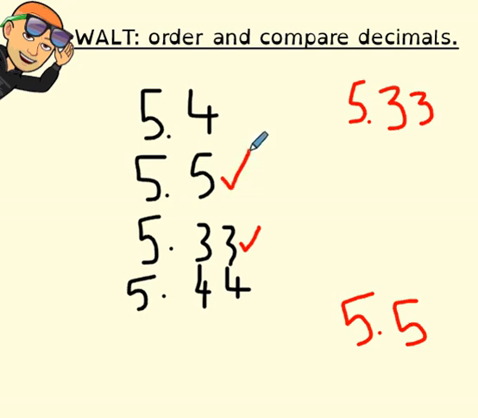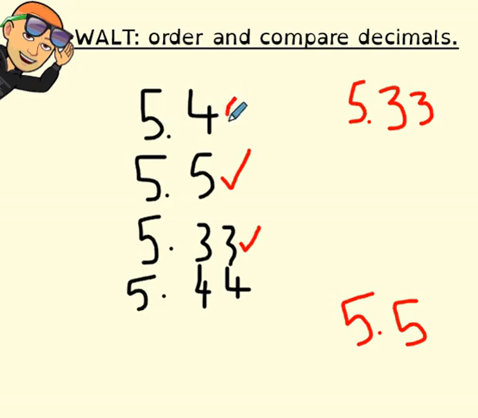That leaves me with 5.4 and 5.44. If you, again, like we said previously, have a column where 2 numbers are both of the same value, you always look to the one to the right of that. If I look to the one to the right of the tenths column, I'm now in the hundredths column. I don't have any hundredths here, so 5.4 is the same as 5.40. I do have hundredths here, I have 4 hundredths.